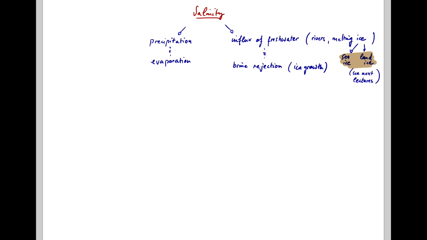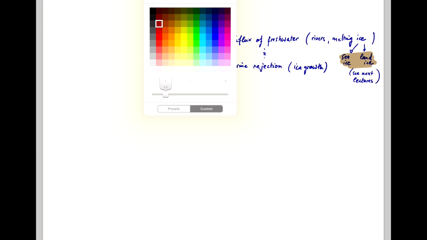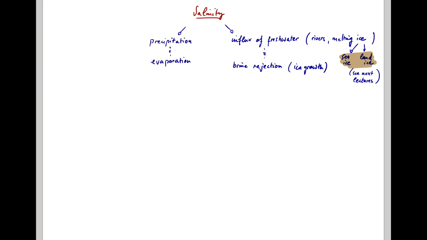But before we delve into a little more detail regarding these factors, let's talk a bit more about what salinity really is. The ocean is full of salts, which makes it rather different than lakes and other freshwater bodies. The composition is predominantly sodium chloride.